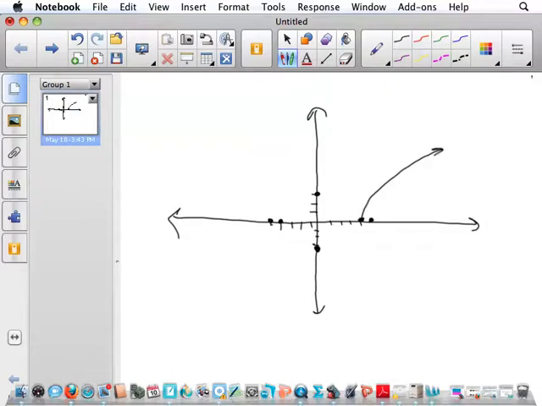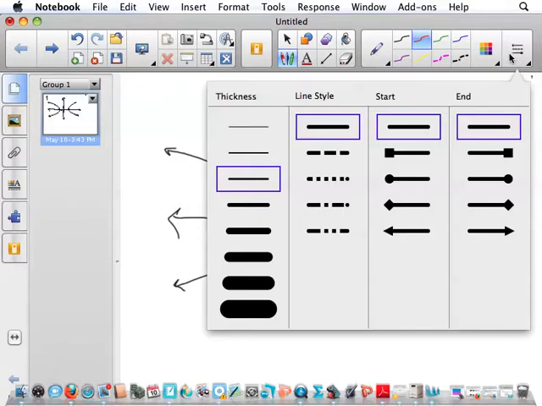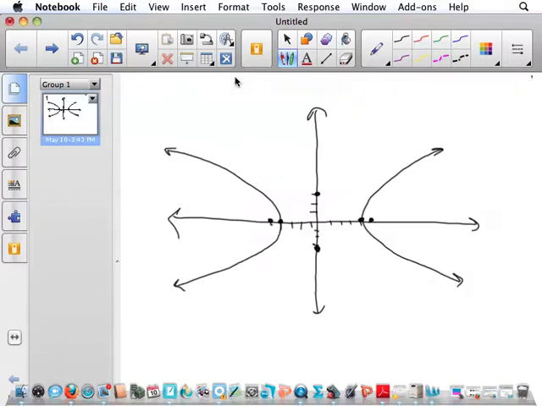The hyperbola wraps around the foci like this.